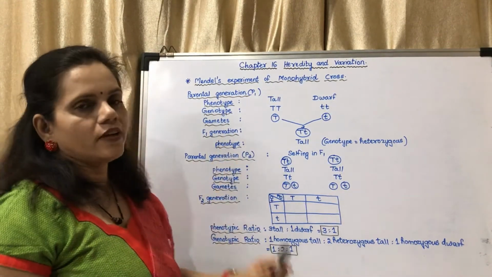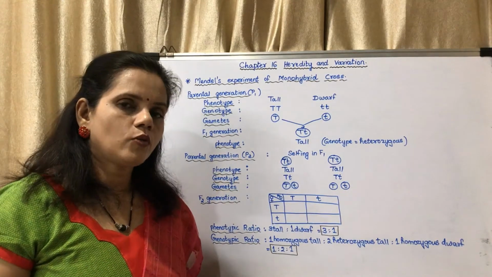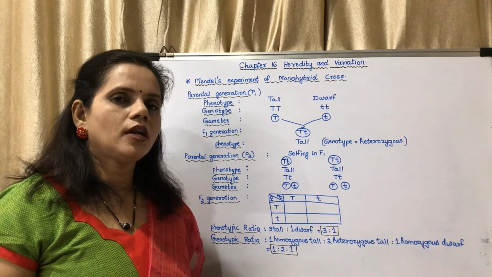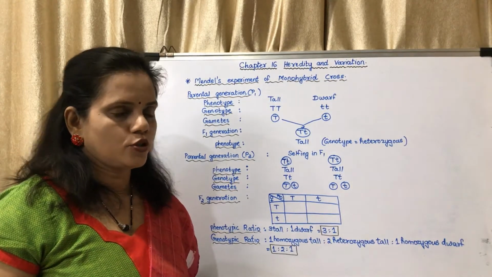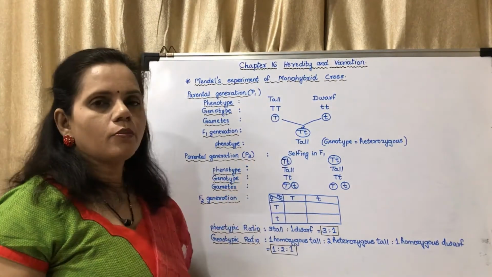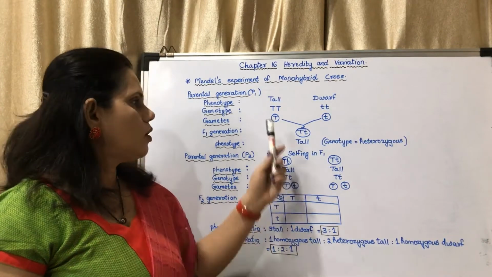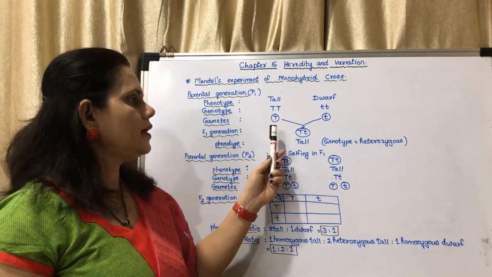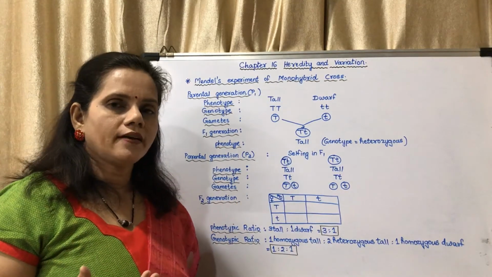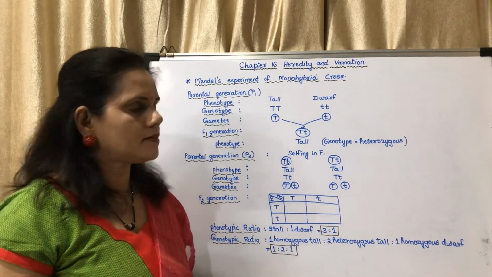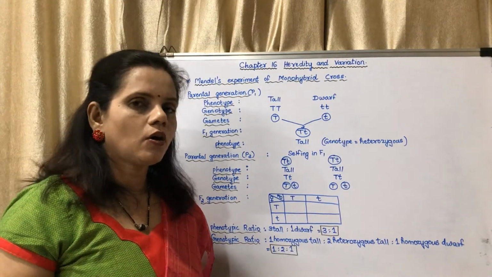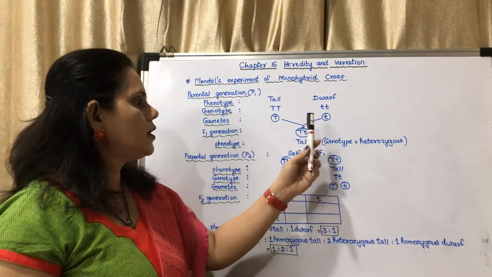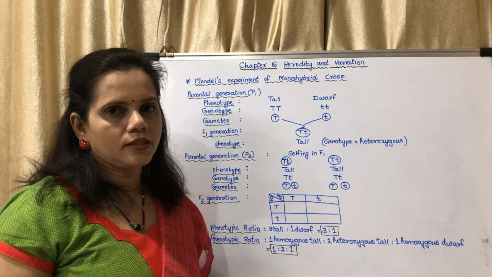Their gametes were formed. I have told you what you mean by gametes. Gametes are haploid, having only one set of chromosomes. Whatever gametes the tall plant may form, all of them will be capital T because it is having only capital T genes. This one is having only small t genes, so whatever number of gametes it may form, all of them will be small t.